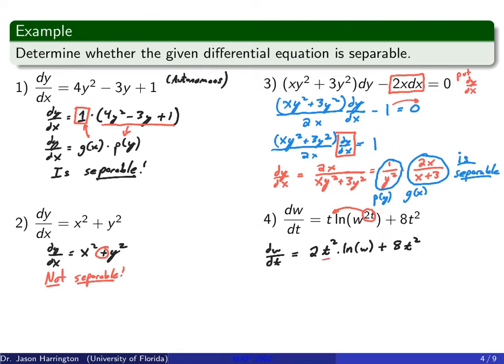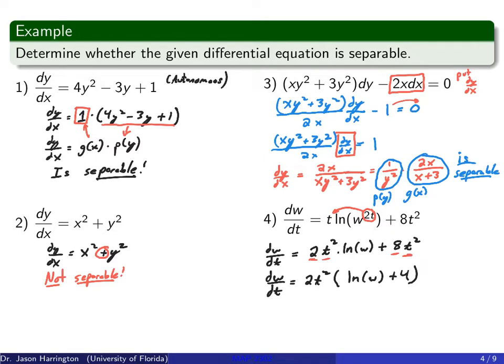Next, I'm going to factor out a t squared from both terms, and I get dw dt is equal to 2t squared. I can actually pull out a 2 from the 2 and the 8. I might as well do that now. And what I'm left with is natural log of w plus 4.